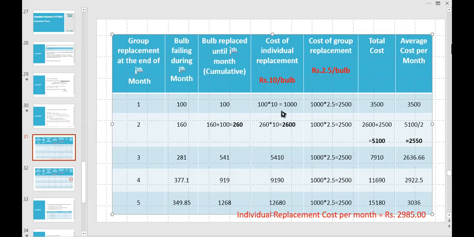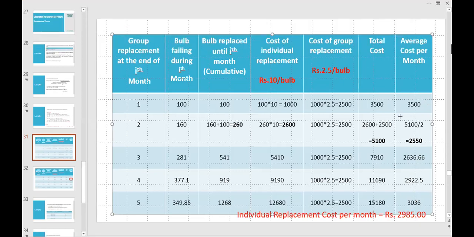So can anyone tell me from the table, if we consider group replacement, at which month it is advisable to replace all the bulbs? Sir, in the second month. Why? Because the average cost is getting reduced up to the second month. From the third month, it kept on increasing. Is that clear?